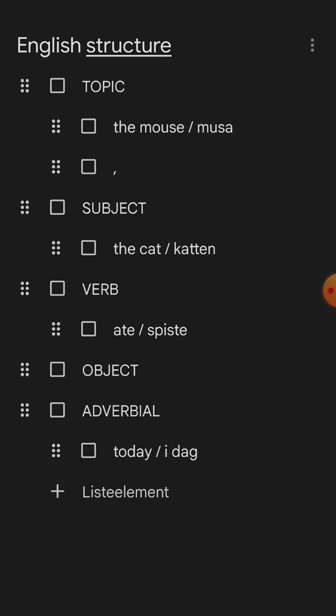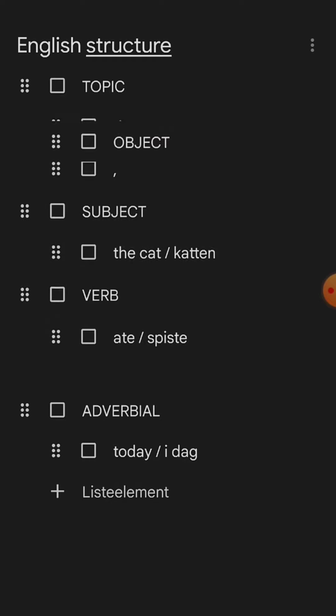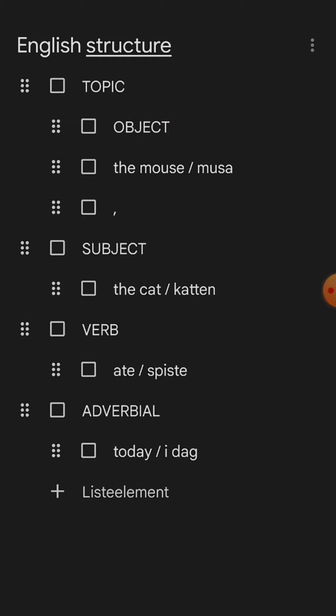If I was able to, I would put the object into the topic slot, because that's the thing. The topic slot doesn't take a word, it takes a whole other slot. Like the whole subject slot can go into the topic slot. And that's what's happening here.